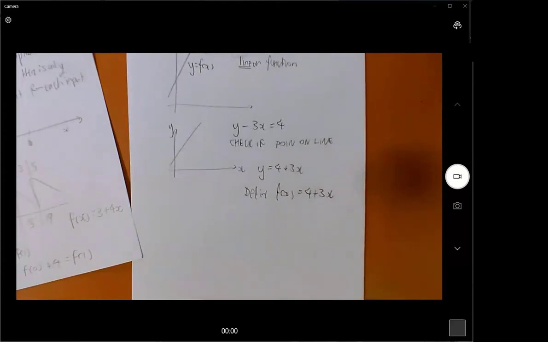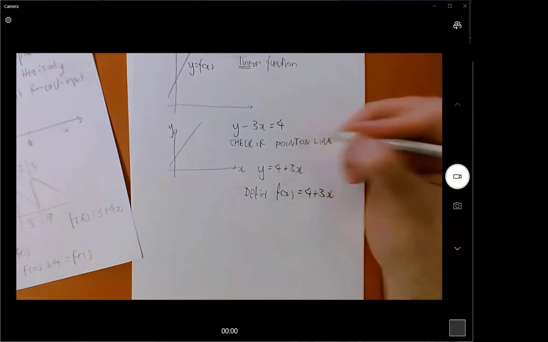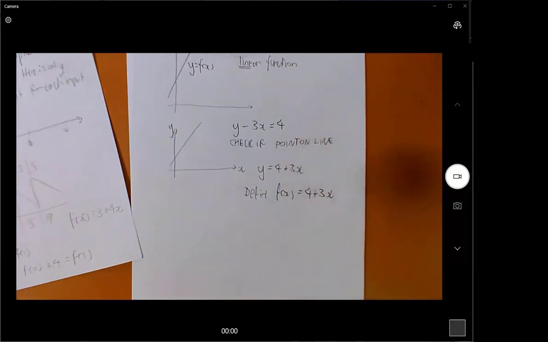So that's a classic thing. If you have, for whatever reason, created an equation that checks if points are on the graph, that isn't written as a function, it's just got x's and y's everywhere, if you can rearrange it to y equals anything just with x's, then you can call the other bit a function if you want.